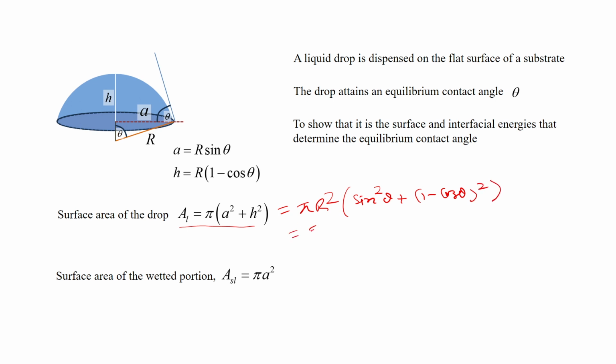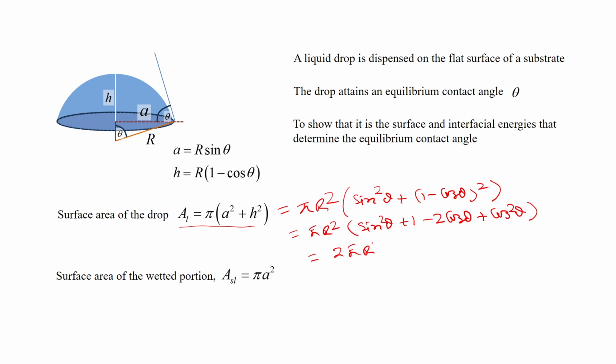So, this quantity will be pi r square into sin square theta plus 1 minus 2 cos theta plus cos square theta. So, this will be equal to 1 plus sin square theta plus cos square theta, so 1 plus 1 is 2, and the 2 goes over here.